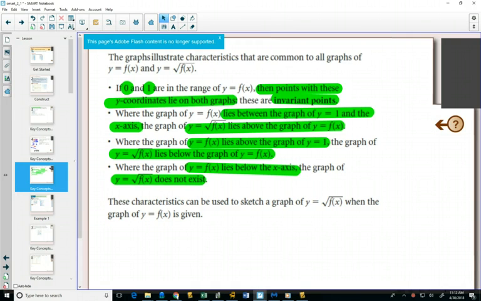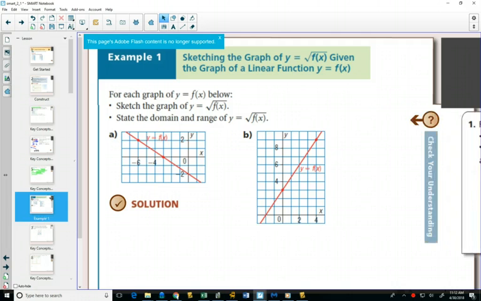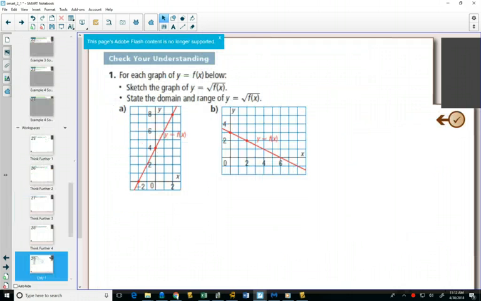So let's look at example 1. Example 1, the graphs are given to us.